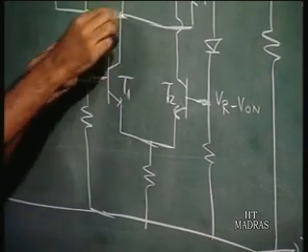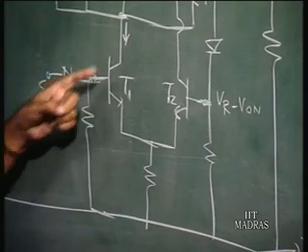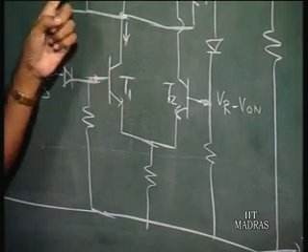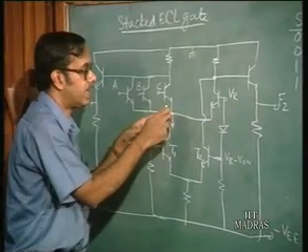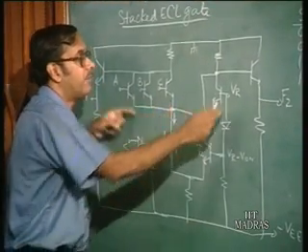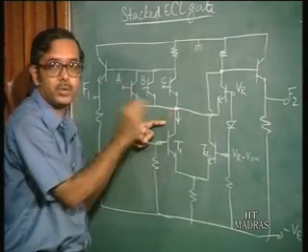Now, the current is flowing in this path. You now have an emitter coupled structure here, and the current is flowing through this path.